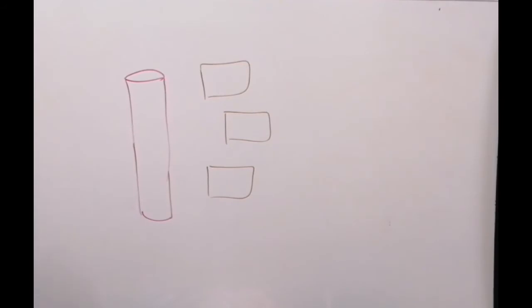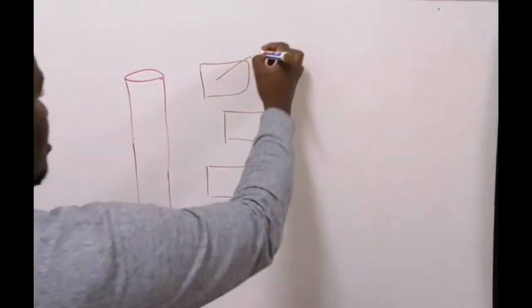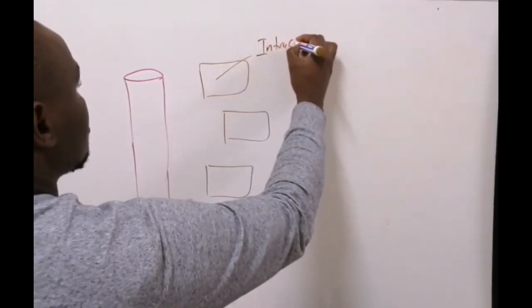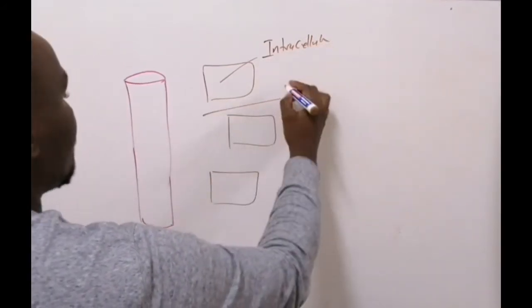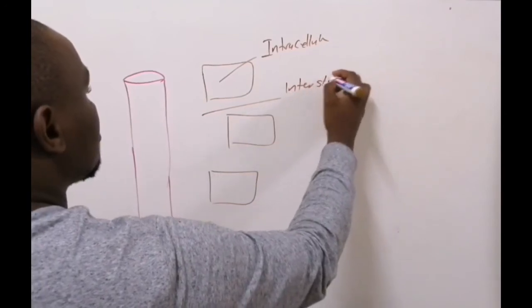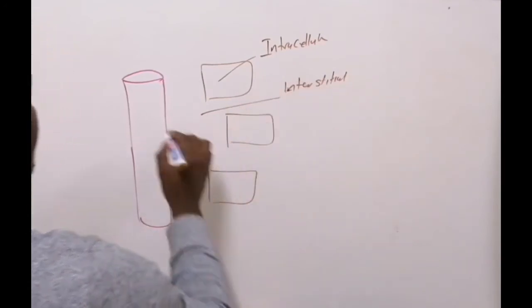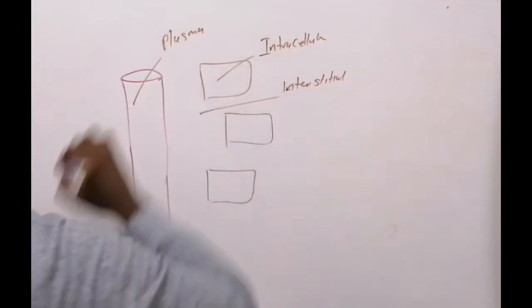And we know that here we've got our intracellular fluid. Here we have got our interstitial fluid. Then here we've got our plasma, right?